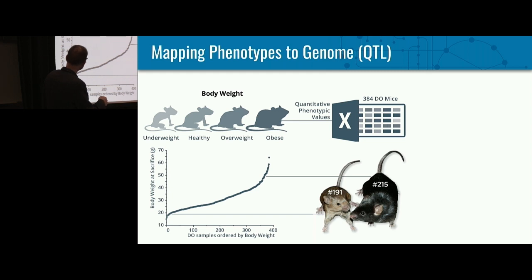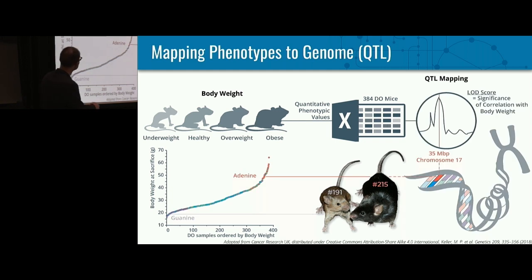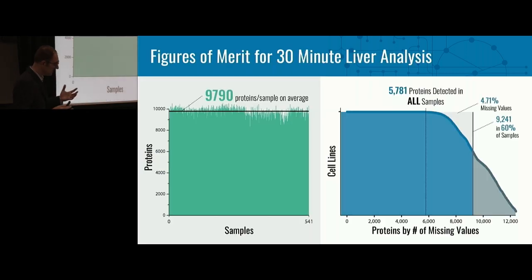And then you can take that quantitative value, and since you know the genome sequence of all the animals, you can try to correlate that to specific gene loci. It's called quantitative trait loci mapping. And we're going to do the same thing with every protein value, except we'll get 10,000 protein quantitative values, and we'll be able to map the expression of every protein to a genomic loci. That's the idea. But first, we have to get that result.